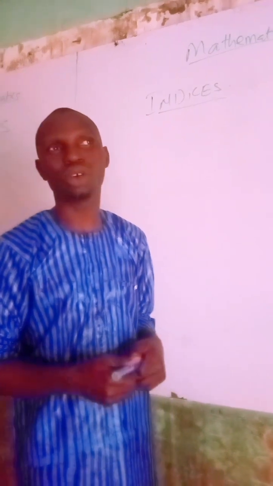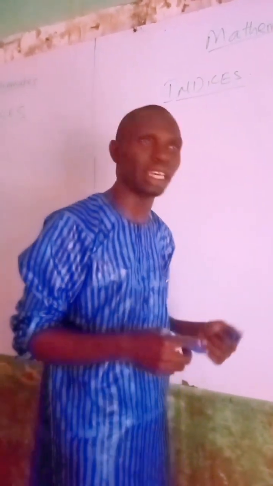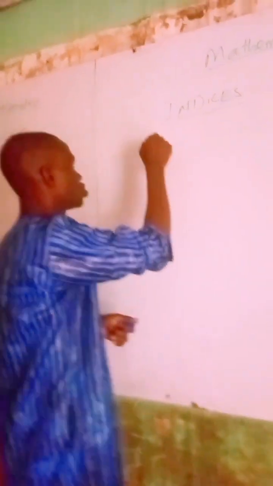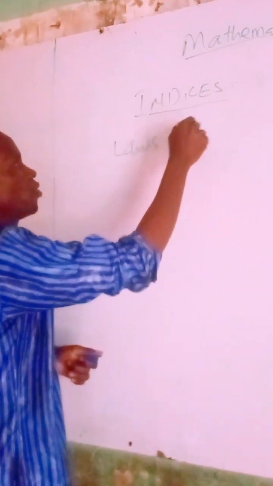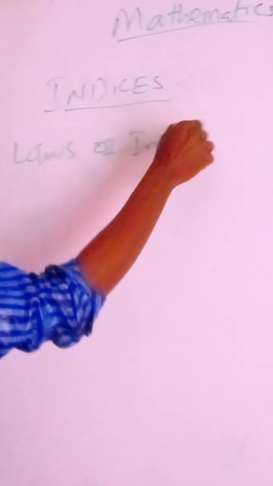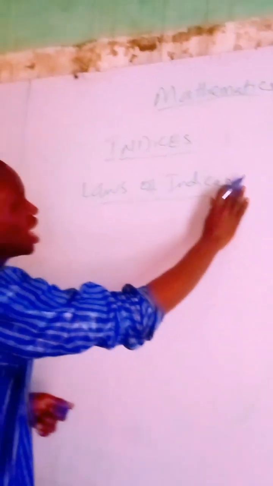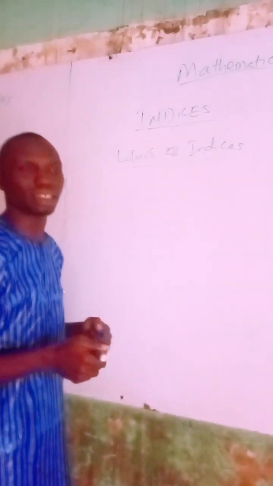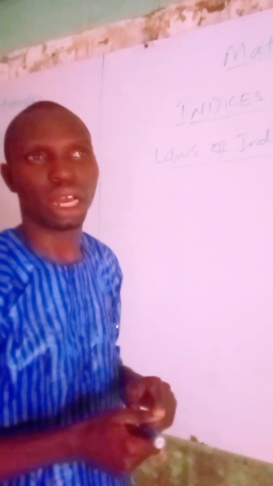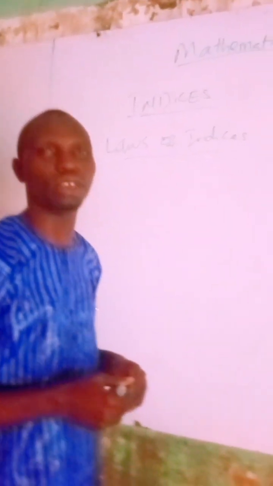This is called the laws of indices. As I said in the last video, there are 7 laws. Let's quickly go through the laws one after the other.